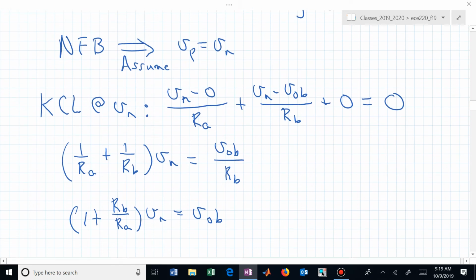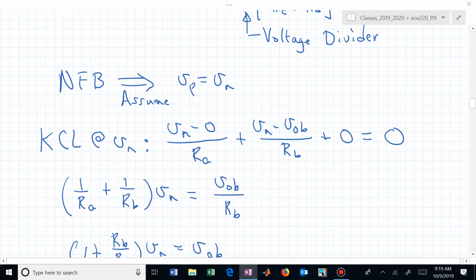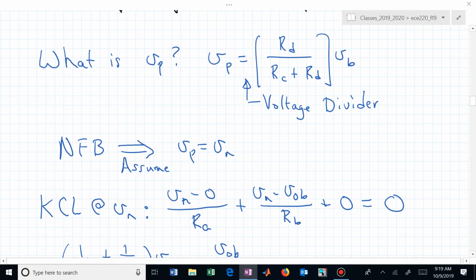And we know that V sub n is in fact V sub P, and we have V sub P related to V sub B from our very first voltage divider.